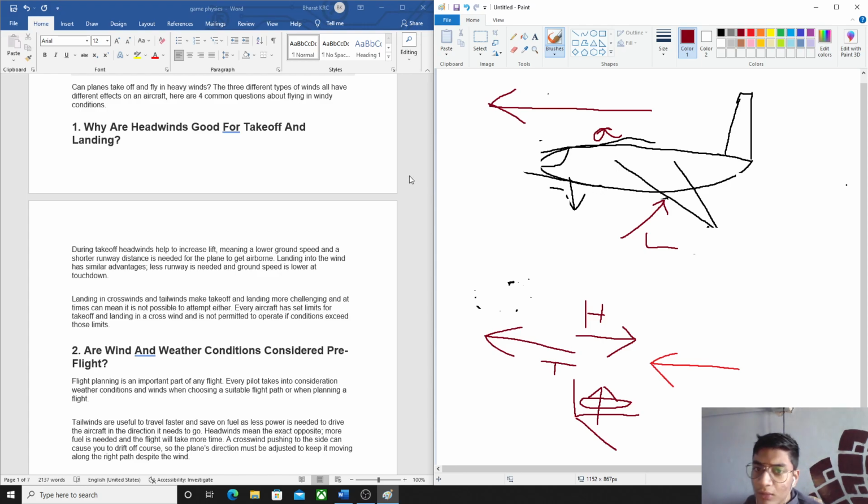Hence headwinds are more beneficial to the aircraft during landing and takeoff. Landing in crosswinds, that is a wind blowing in this direction or this direction, is more challenging and at times could even be impossible for the aircraft.